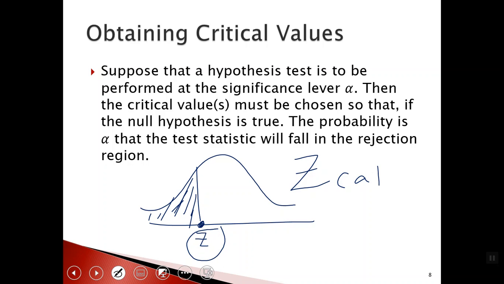The probability is alpha that the test statistic will fall in the rejection region. This is your alpha. Do you remember? These areas are always probabilities. This alpha means the rejection probability of this rejection region.